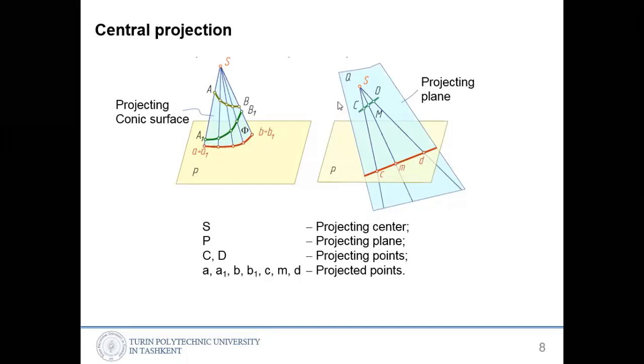So we can generate a plane also, by using two lines, a projection line and a projecting line. With the projecting line and projecting point, we can generate a plane also. Soon we'll see how to use this.